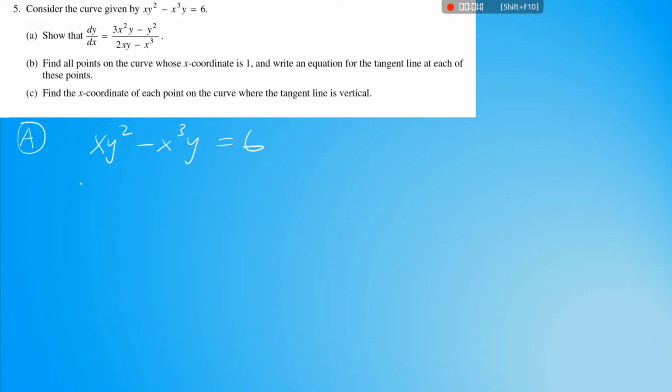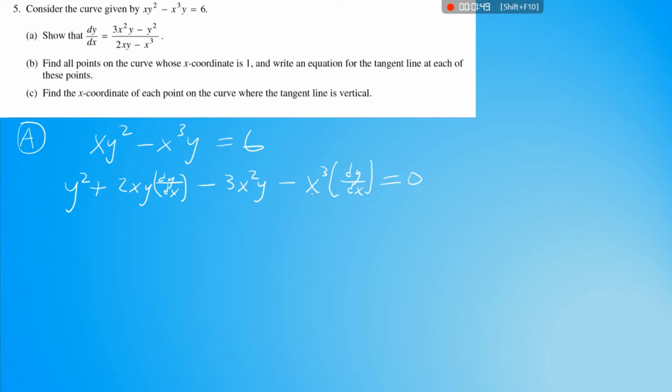So y squared plus 2xy dy over dx minus 3x squared y minus x cubed dy over dx is equal to 0.